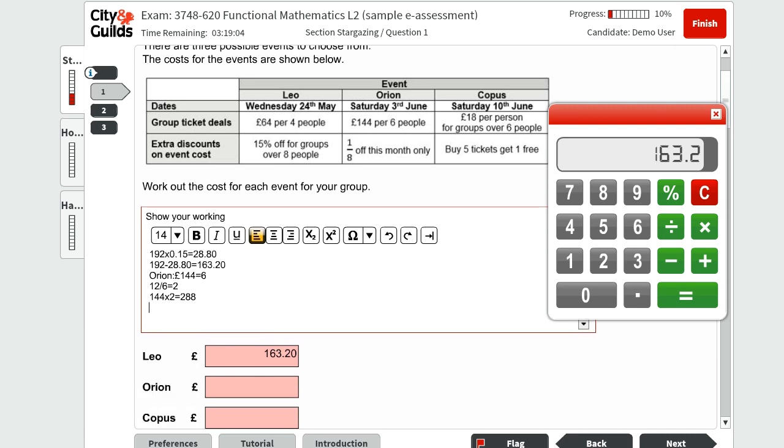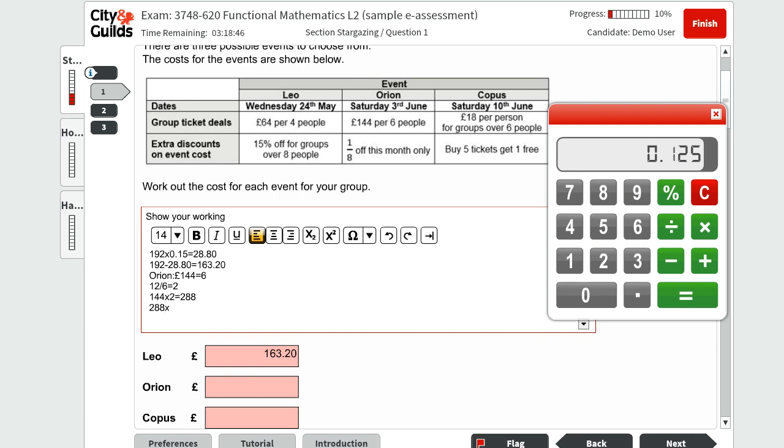288, now let's scroll a bit down. We have to find the 1/8, so we'll use the calculator to find out what percentage that represents. And this is 0.125, so that's 12.5%.